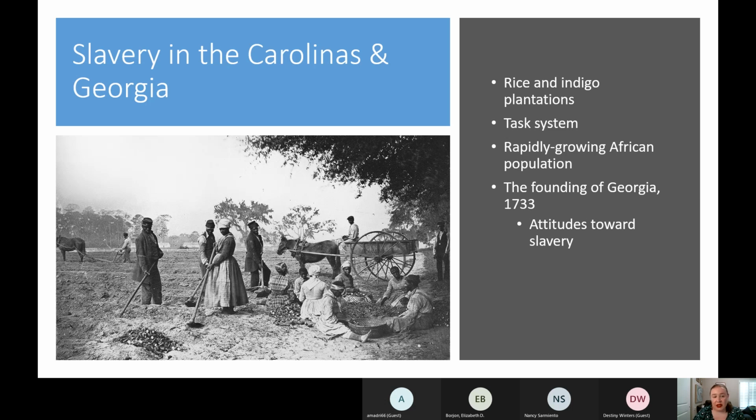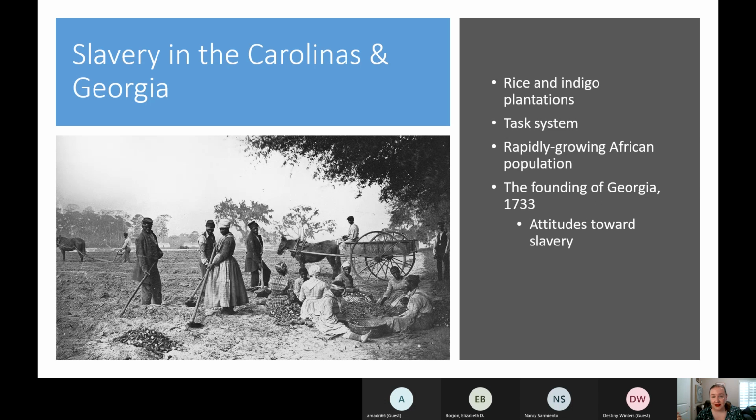Plantations, especially rice plantations, have to be very large to be efficient in profit making. Okay. Now, unlike Virginia, where most of these enslaved people are working in fields under the supervision of a white overseer, in the Carolinas and Georgia, enslaved people are given a little bit more autonomy.